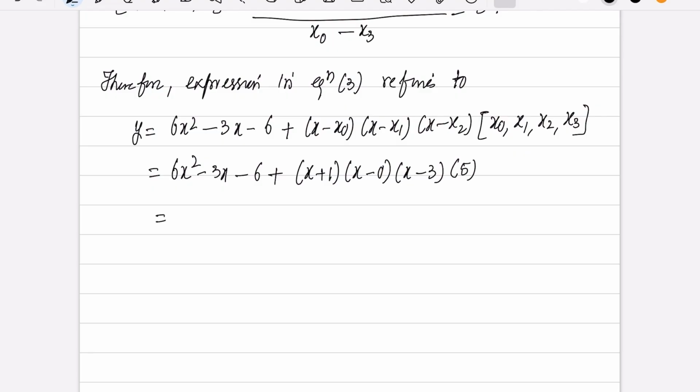So this becomes 6x square minus 3x minus 6, plus 5x cube minus 10x square minus 15x.